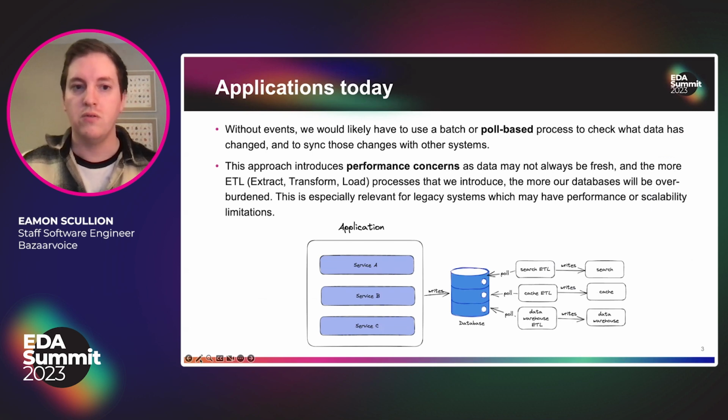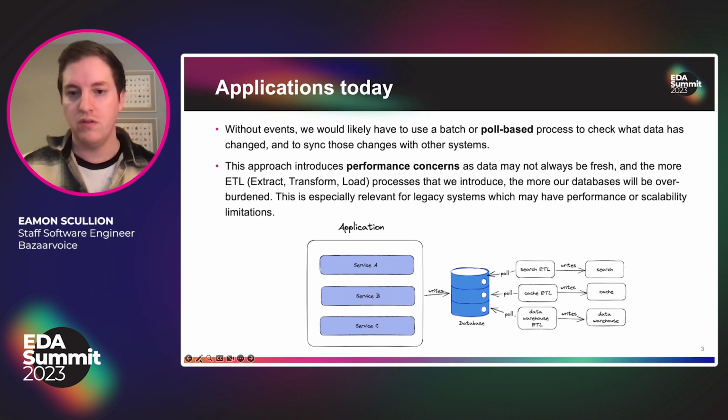Without events, we would likely have to use a batch or a pull-based process to check what data has changed and to sync those changes with other systems. This approach introduces performance concerns as data may not always be fresh, and the more ETL processes that we introduce, the more our databases will be overburdened.